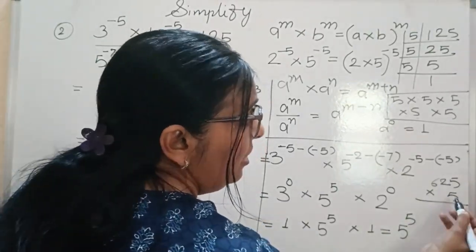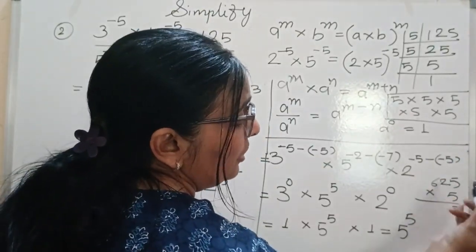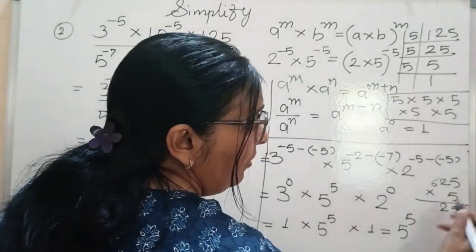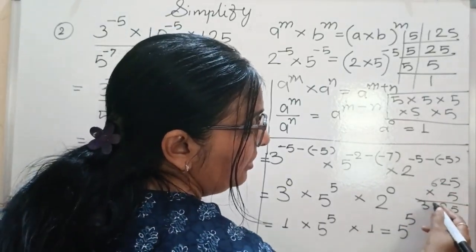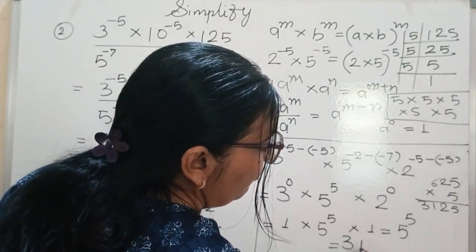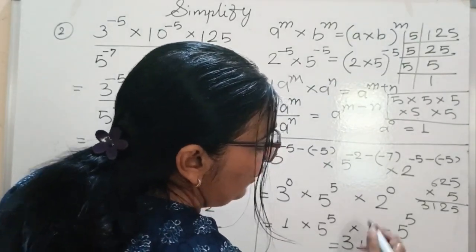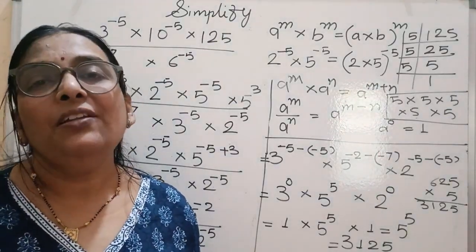How much you are getting? 5 5s are 25. 2 carry over. 5 2s are 10. Plus 2 is 12. 1. Then 5 6s are 30 and 1 is 31. So your answer is 3125. I hope all of you understood.